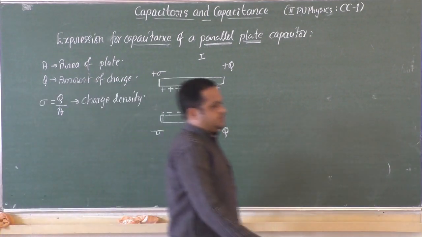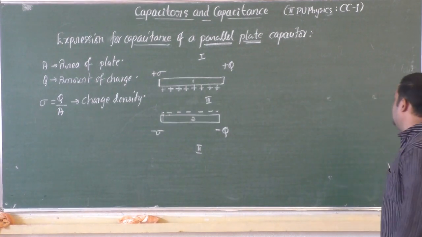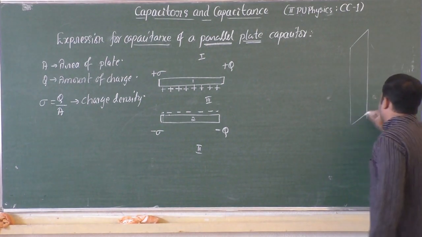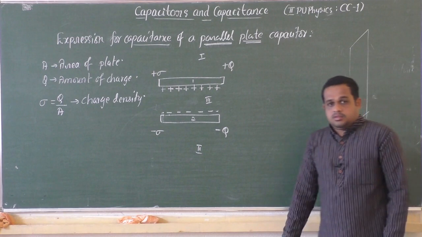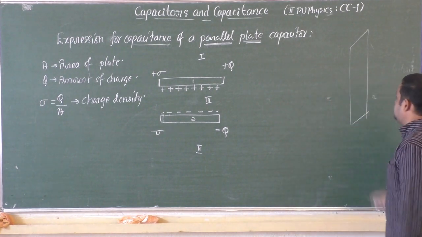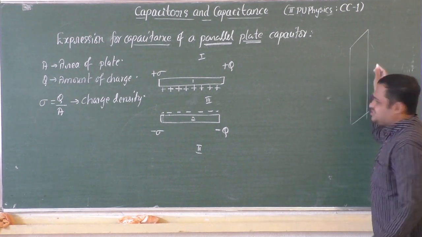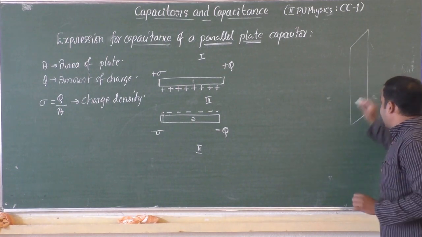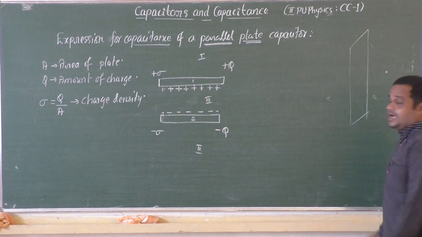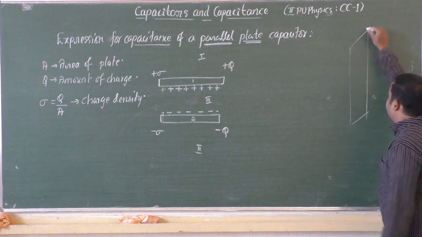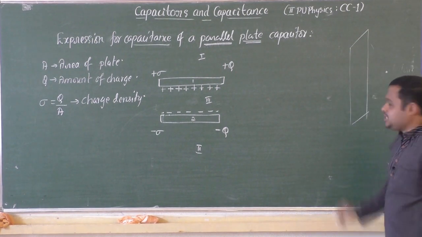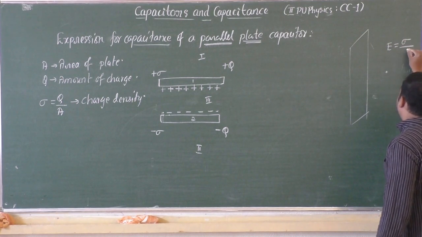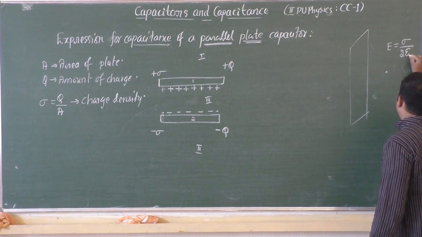Now in the first chapter, using Gauss law, we derived an expression for electric field at a point due to a charged infinite plane sheet. We considered a parallelepiped and different things, and we derived that expression: electric field E is equal to sigma divided by 2 times epsilon naught.